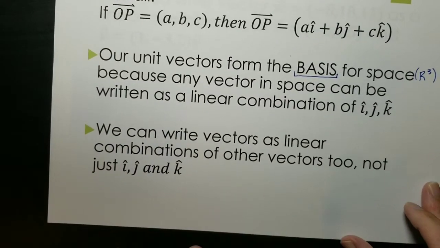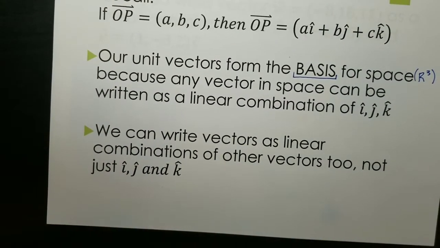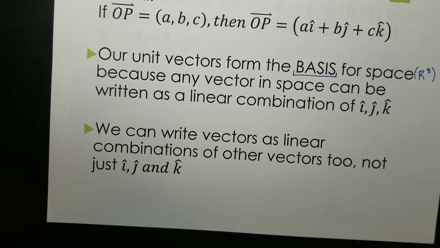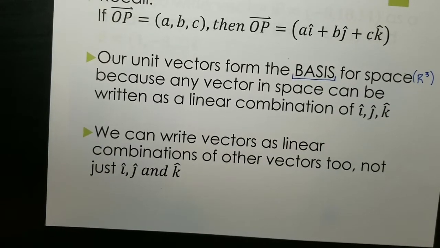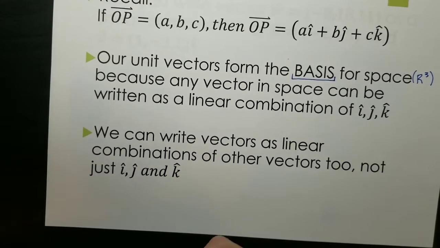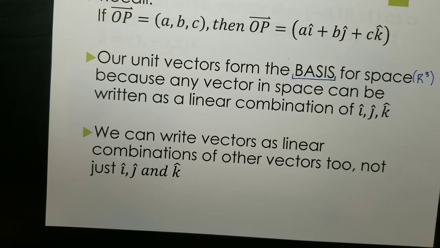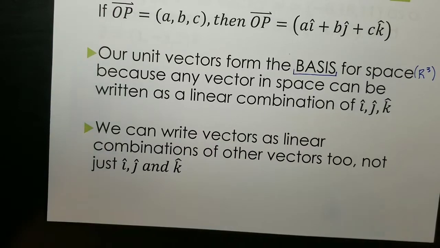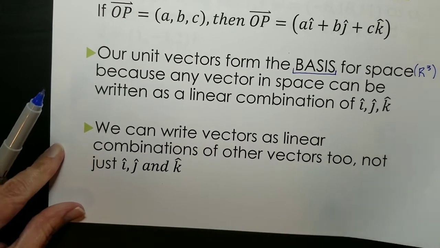Those are the main vectors that we've been working with, but it can actually apply to any vectors. So we can write linear combinations of any general vectors, say u and v, and we can use those vectors to get to lots of different places. And like I said before, we're going to see a lot more of that in Unit 3 when we start looking at equations of lines and planes.